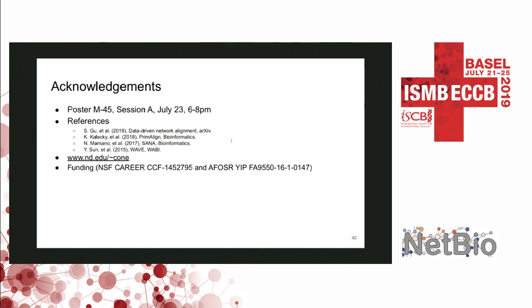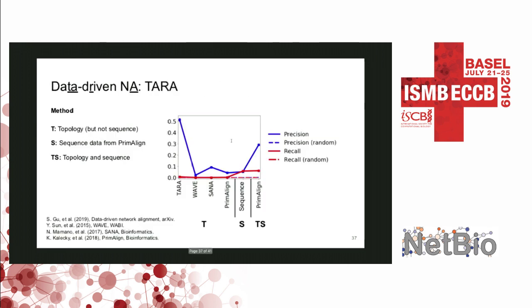Yes, please. Could you give a few details about the test that you did? So what were the types of proteins? How many proteins did you look at? How were they annotated? Which test do you mean? The last slide where you showed your scores. Like this? Yeah. Right. So we have a human PPI network and a yeast PPI network, and we use the different methods to align them.